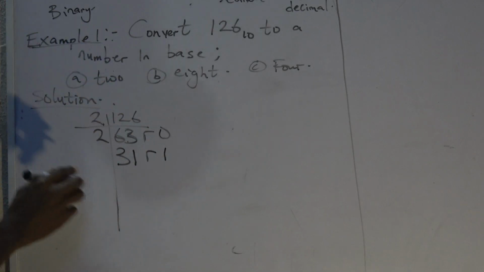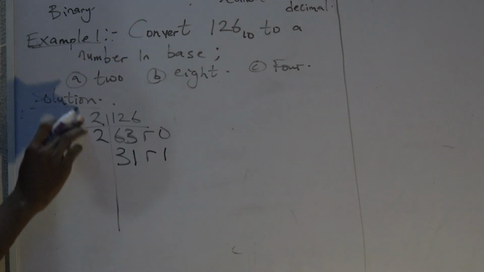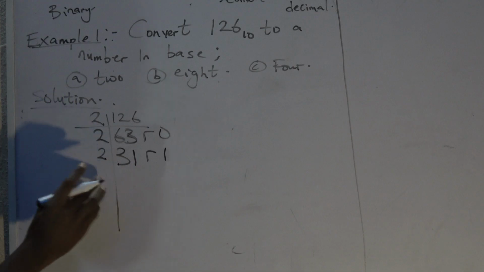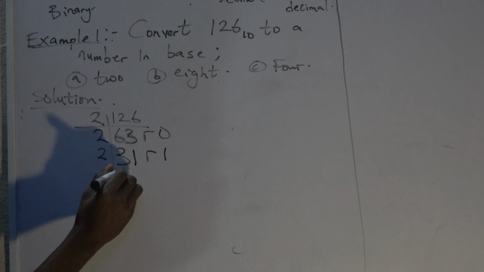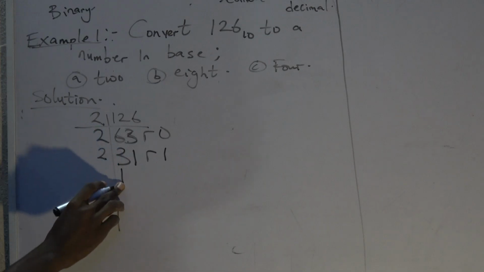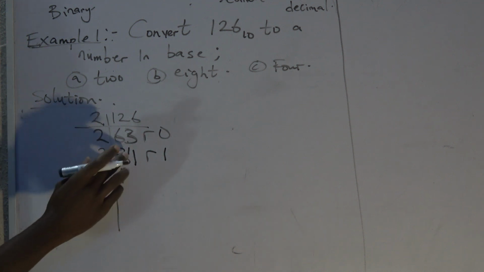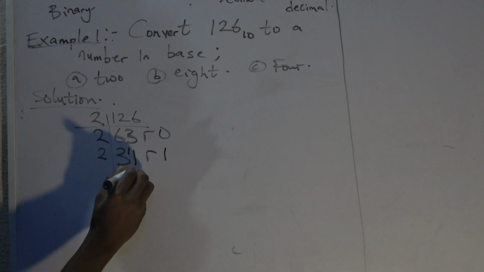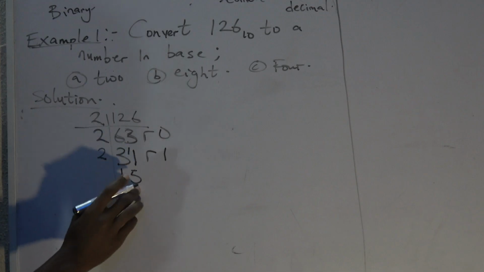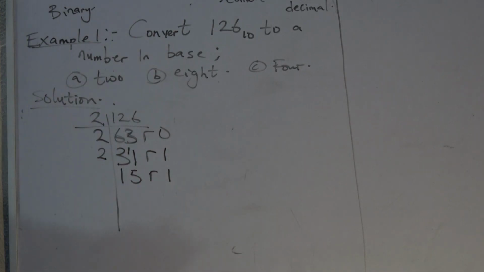Now we still have to divide this 31 by the same 2, because we are converting to base 2. 2 in 3 is 1, 2 times 1 is 2, remainder 1. Now 2 in 11 is 5. 2 times 5 is 10, so remainder 1. You write the remainder by the side.